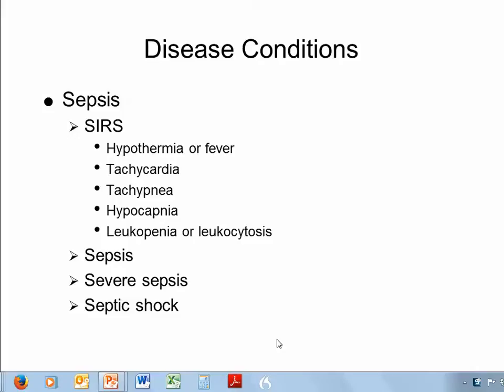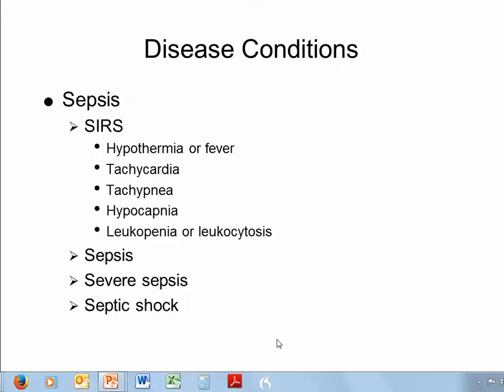Okay, we see the tachypnea, the tachycardia, hypothermia, or fever. It's really a group of signs and symptoms that we see in a patient. When we have sepsis is when we have SIRS in response to an infectious process going on in the body.